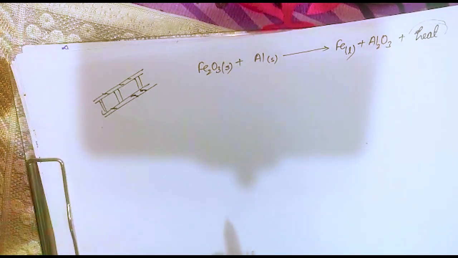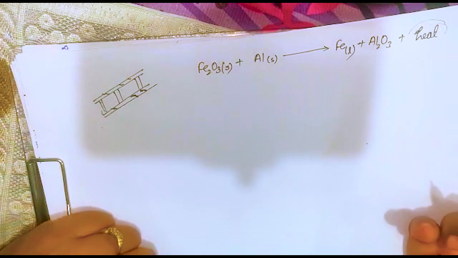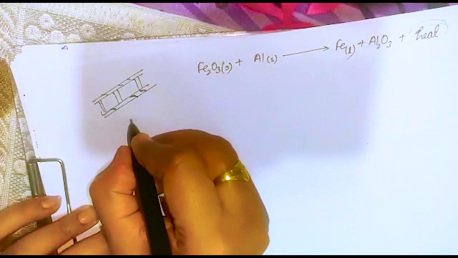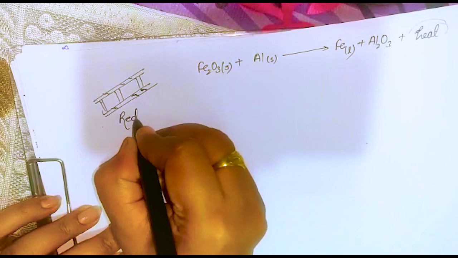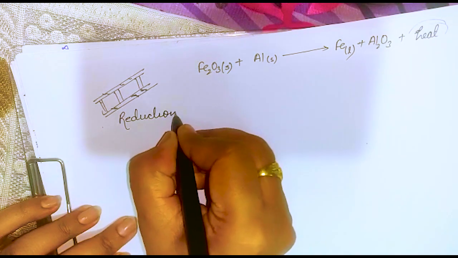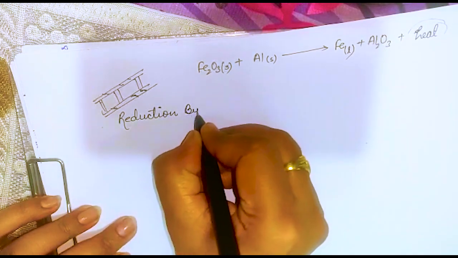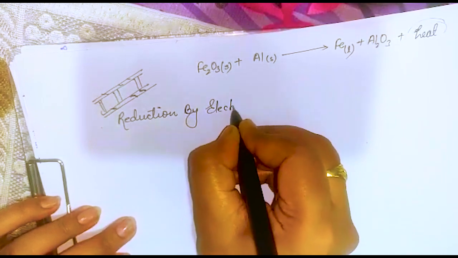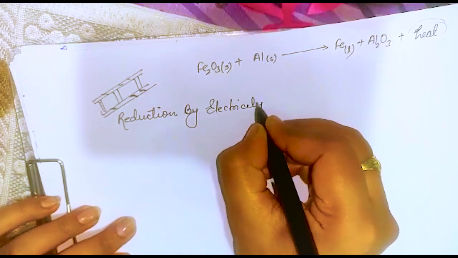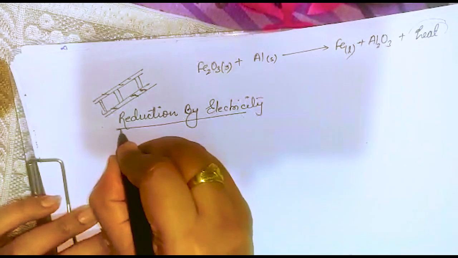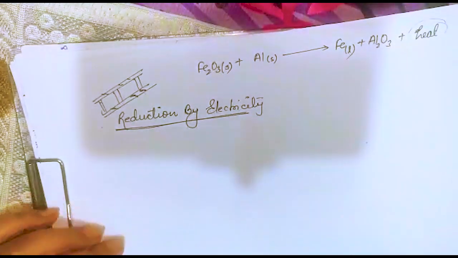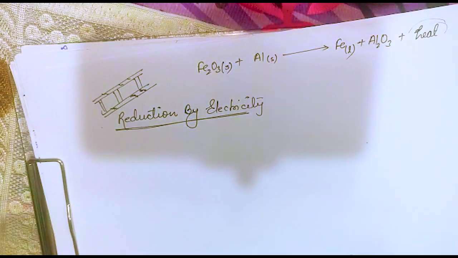Now moving towards the next step, and that is reduction by electricity. In reduction, we have done three processes. First, by simply heating. Second, by using a carbon reducing agent.